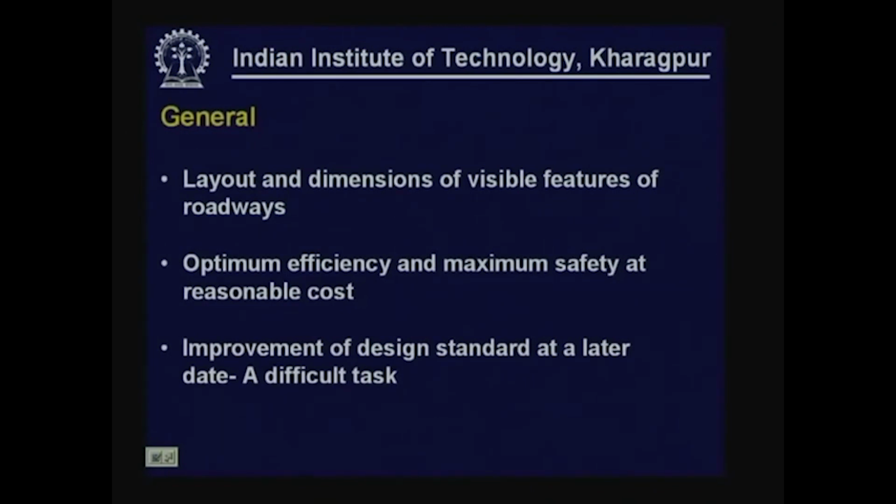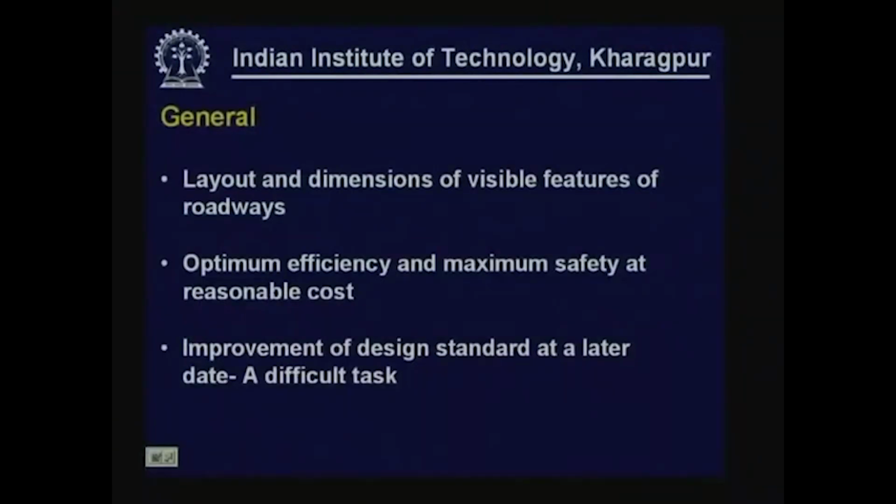What we do with the geometric design, or why it is necessary to carry out geometric design. Layout and dimensions of visible features of roadway, that is what we deal with in geometric design. All the layouts and visible features, what all are visible, their layouts and dimensions.